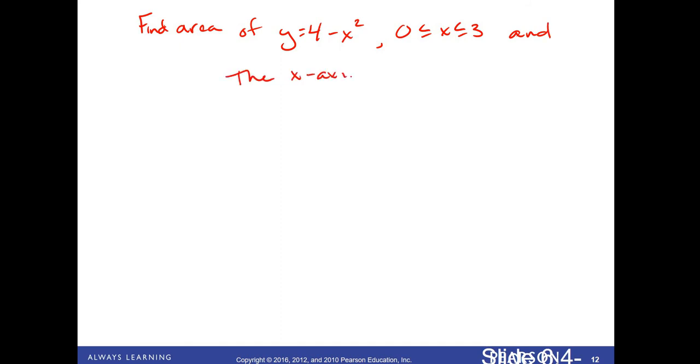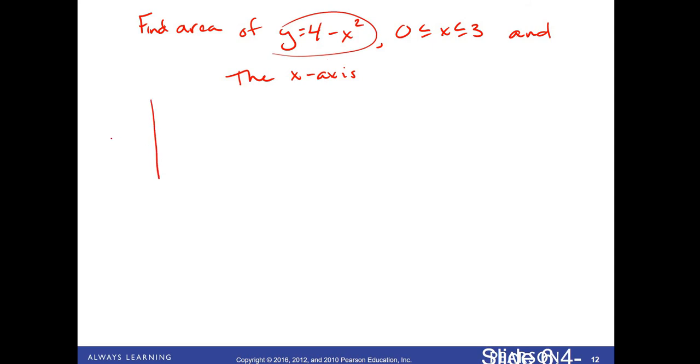We want to find the total area, so absolute values involved, of y equals 4 minus x squared from 0 to 3, and the x-axis. So the area between this curve and the x-axis between 0 and 3.